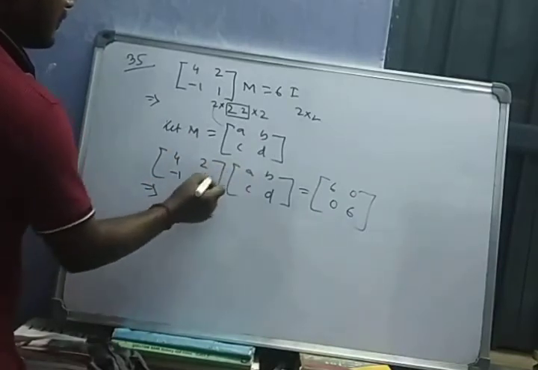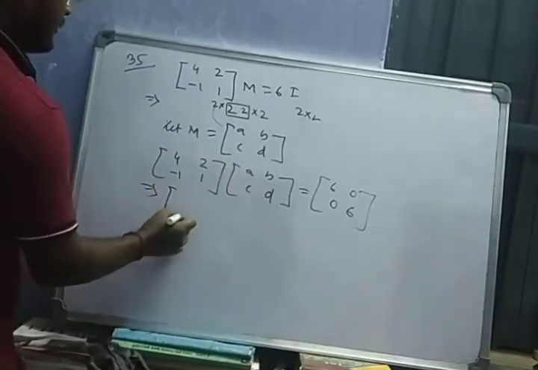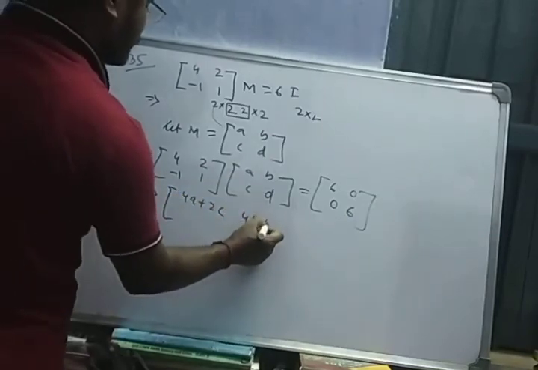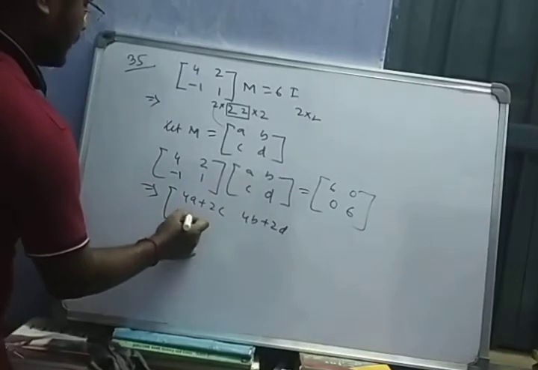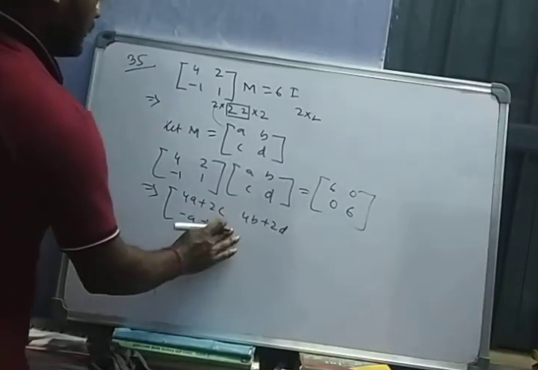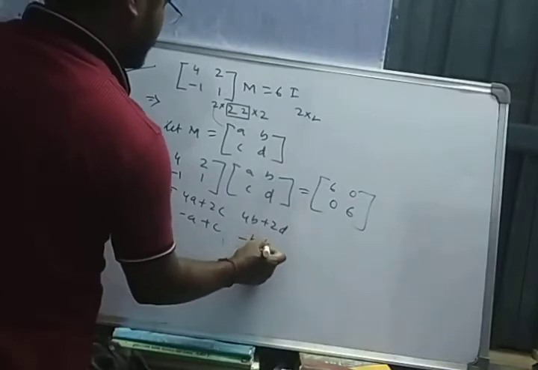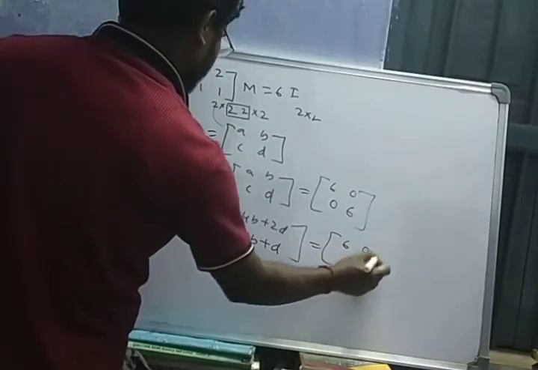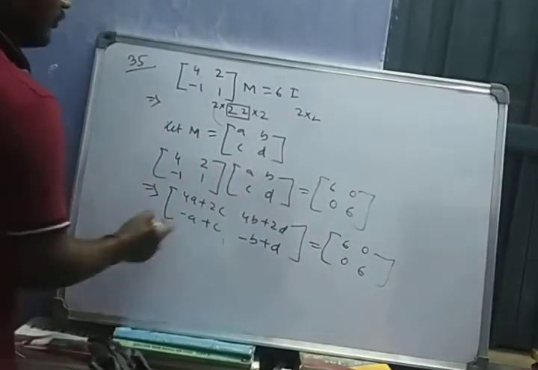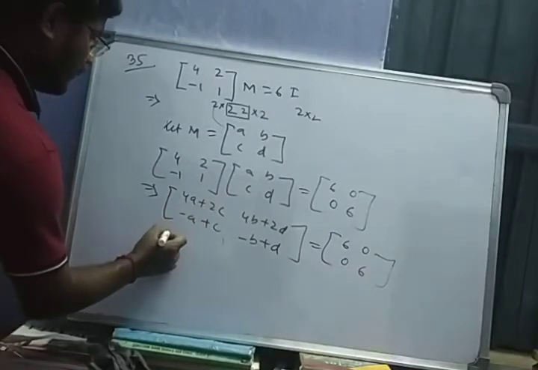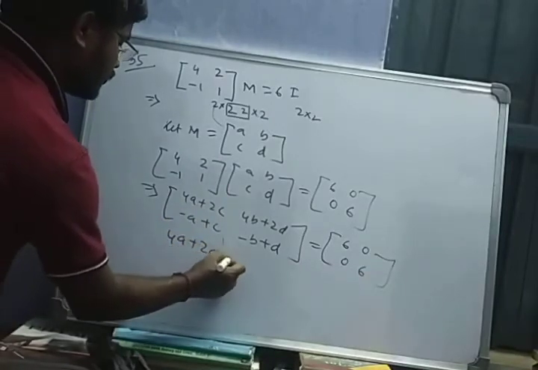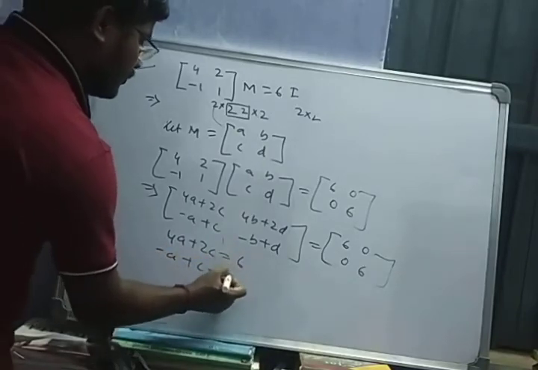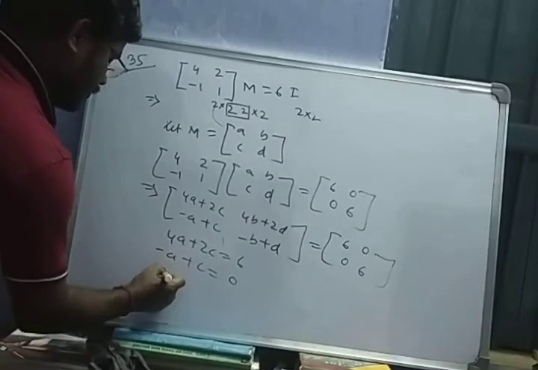Now multiplying, [4a plus 2c, 4b plus 2d; minus a plus c, minus b plus d] equals [6 0; 0 6]. Equating these two, you get 4a plus 2c equals 6 and minus a plus c equals 0, or a equals c.